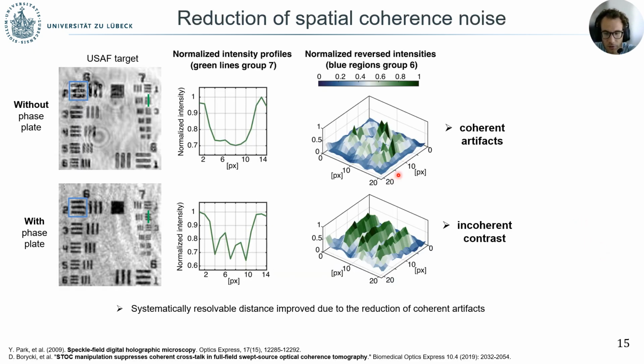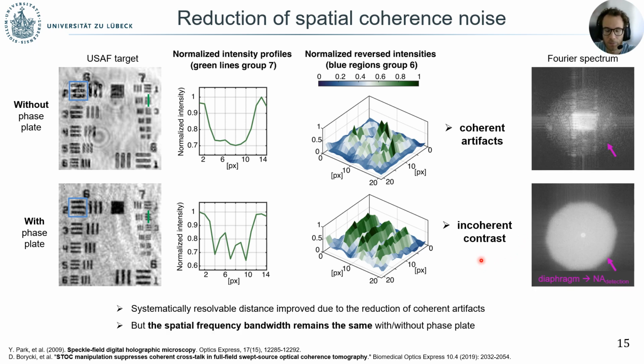We checked that with USF targets. So the USF target is particularly good to demonstrate this effect because things are at the same depth, so then the phase shift is normally unfavorable to resolve adjacent features. And we see here that when we add the faceplate, then there are some close features that we can now resolve, but there's also the effect of having some large features that become resolvable only with the diffuse illumination because of this suppression of coherent artifacts, the interference effects between structures, due to the random phase.